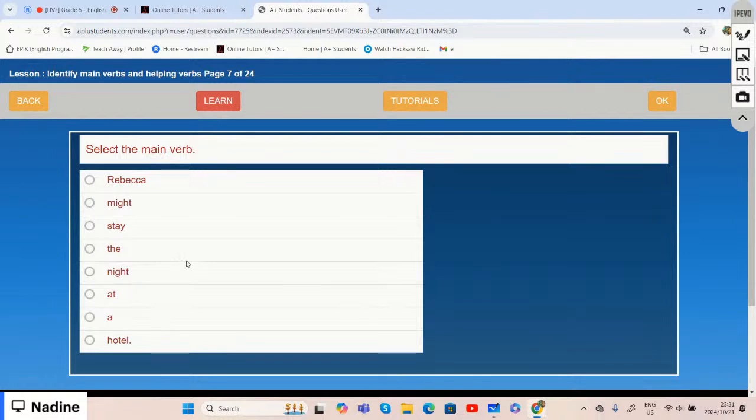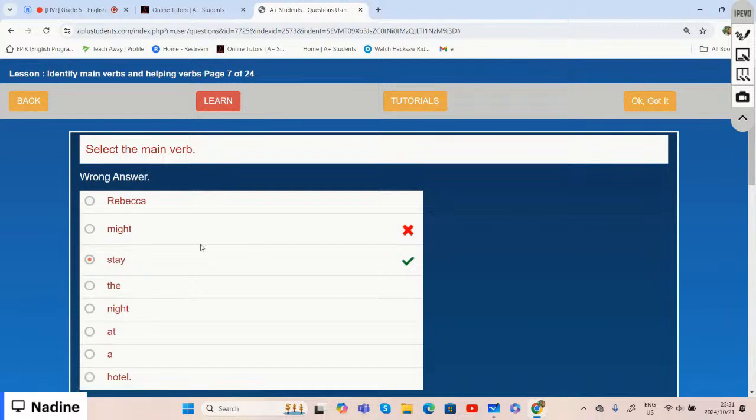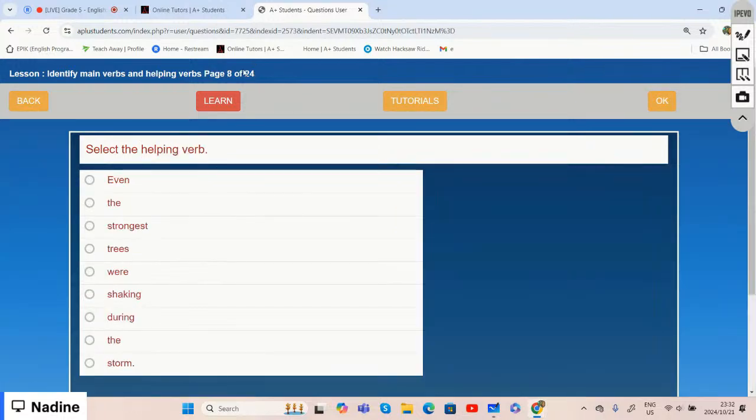And then lastly, if we want to select the main verb, it is stay, and our helping verb is might. Oh, sorry. They asked for the main verb, and I went to identify the helping verb. I apologize. The main verb is stay, so we had to put it on stay, not on the helping verb. So we had to identify the main verb.